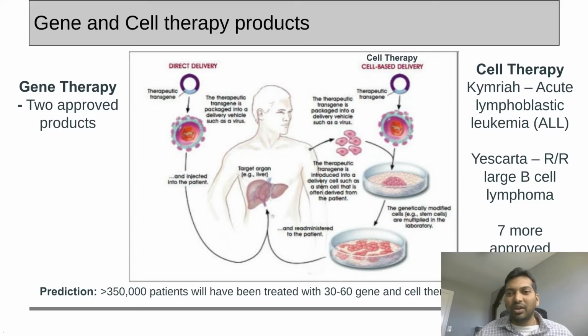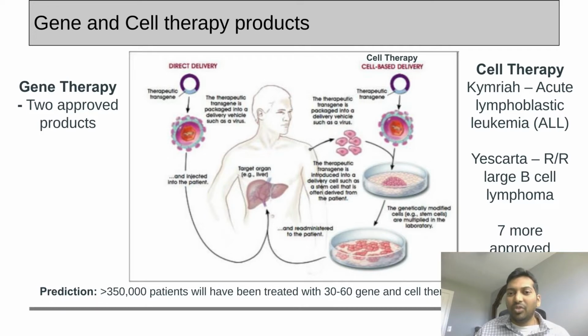Cell therapy products can be divided into two types. A cell therapy product can be a stem cell that is differentiated into the required cell type and given to a human for a specific disease. Another way people create cell therapy products is to take viral or non-viral delivery and deliver the specific transgene into a specific cell, then manufacture them to high quality and provide them to the human.